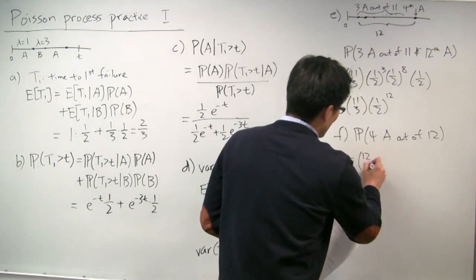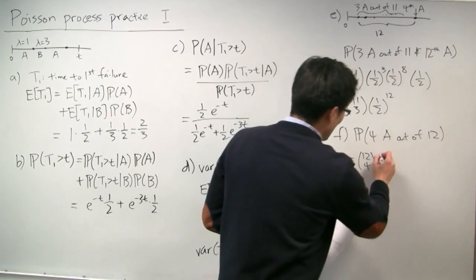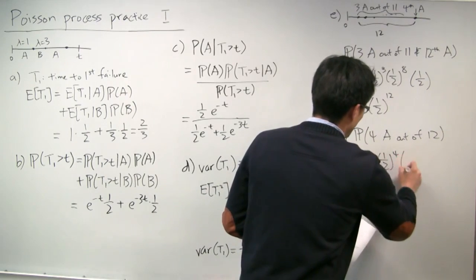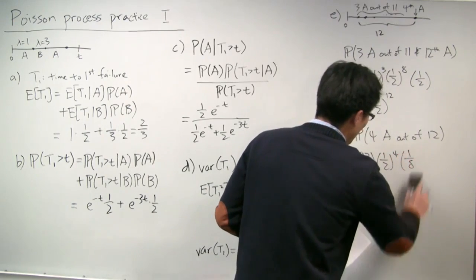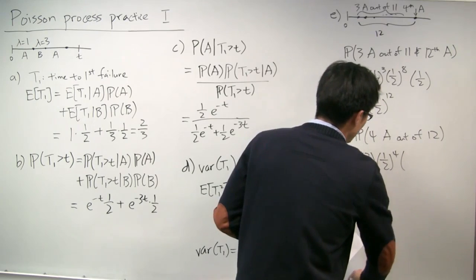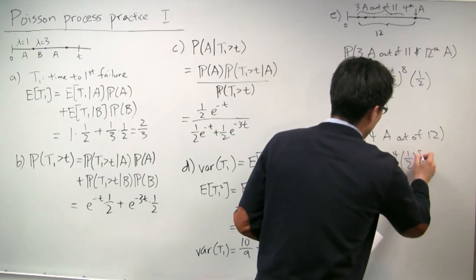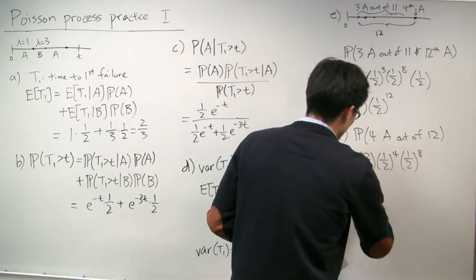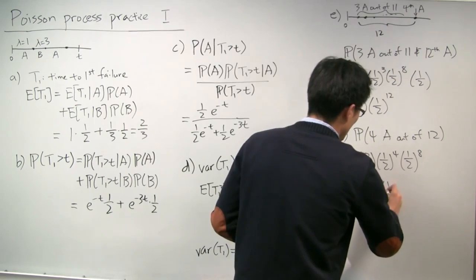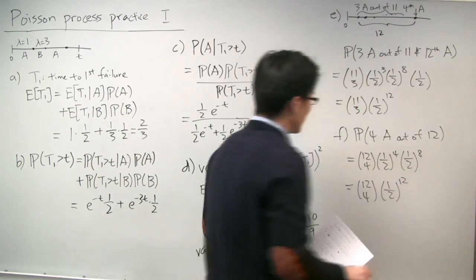So that probability is just 12 choose 4 times 1/2 to the 4th, 1/2 to the 8th. And so that simplifies as 12 choose 4 times 1/2 to the 12th.